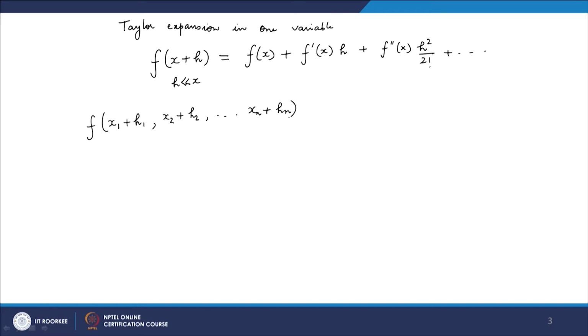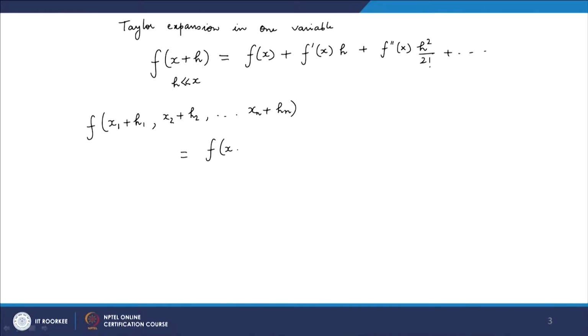It is a simple extension of what we derived just before this for the case of vectors. So, now I will get this equal to, the first term is simply the function evaluated at x1, x2, ..., xn, and now we can take a partial derivative with respect to x1, x2, x3 and so on.